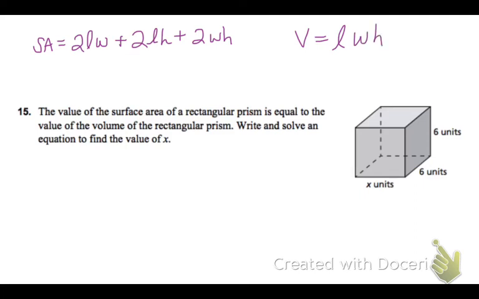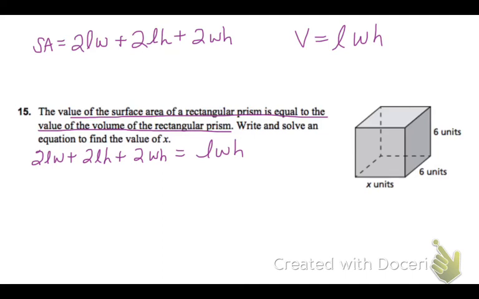So for this problem, it says the value of the surface area is equal to the value of the volume. So we have our formulas set equal to each other. Okay, is equal to length, width, height. And lucky for us, they gave us a picture. So we know what the length, the width, and the height are supposed to be, and we can substitute those values in for the L's, the W's, the H's, and then simplify.